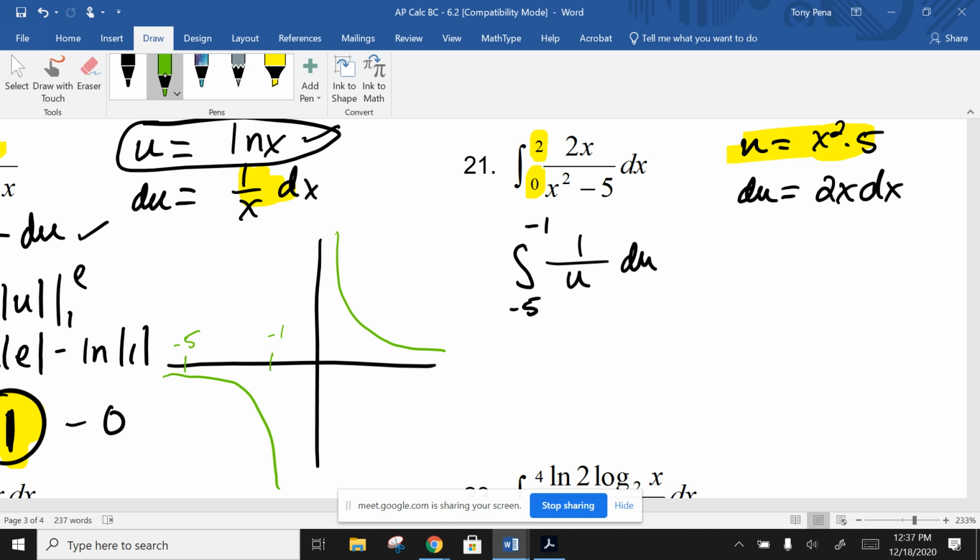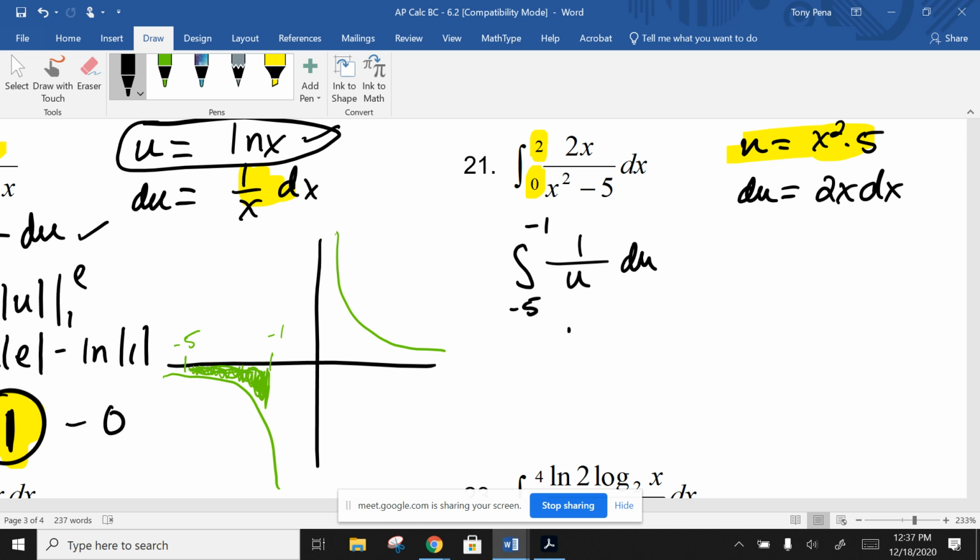Recall, integrals are basically asking us for our area, right? Integrals are the area. So do we very clearly have area enclosed by this curve and a negative 1? Is there area there? Yes. So we better have an answer to this question. We have to, because there's clearly a negative amount of area underneath this curve.